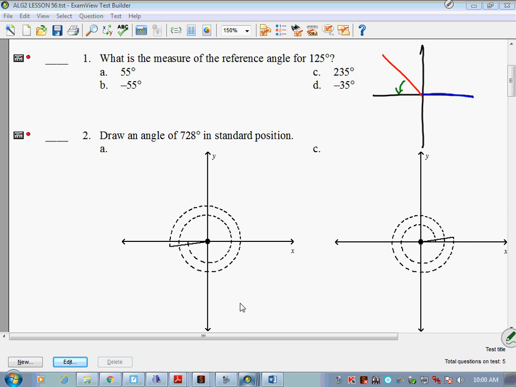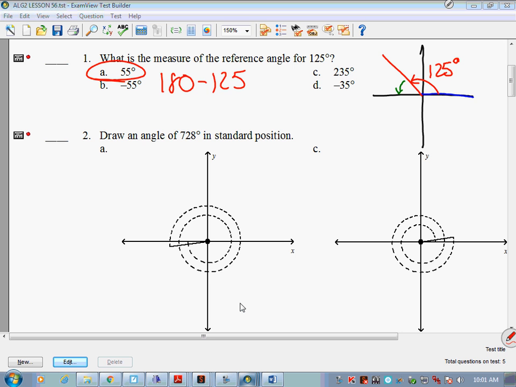So if I know that this is 125 degrees, what math do I have to do to find my reference angle? Subtraction. What am I subtracting, Emily? 180 minus 125 is going to tell me the remaining degrees that exist, which is 55 degrees. And our reference angle will always be positive. Okay? I get 55 degrees.